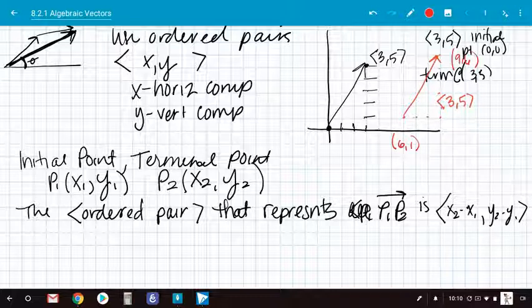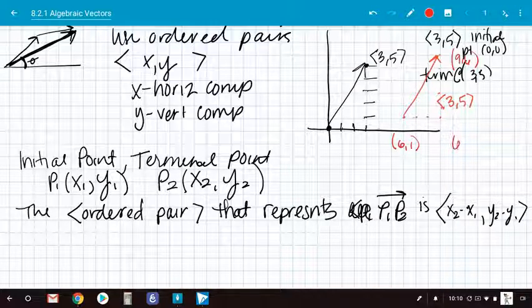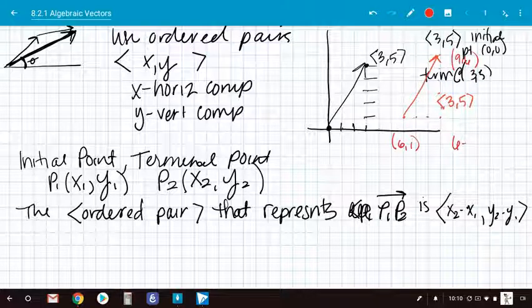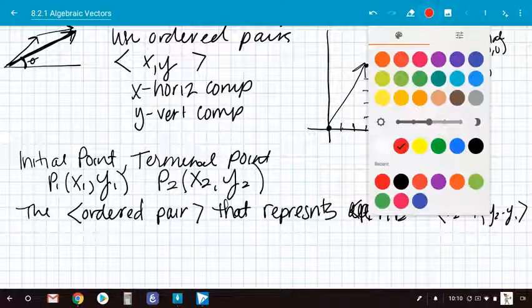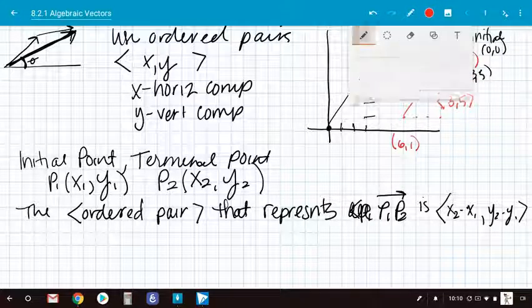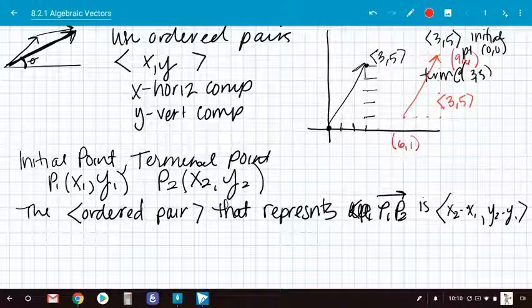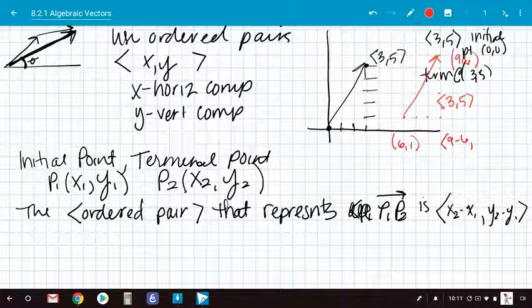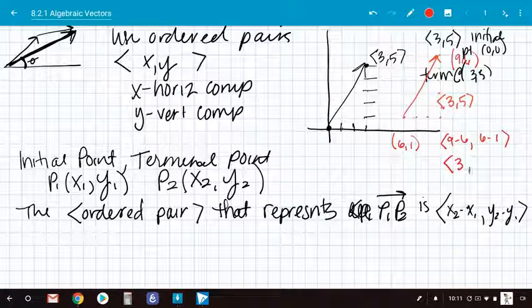The ordered pair in these pointy brackets that represents this would be, I need to do my x's first. In the x direction, we would do 9 minus 6, and then 6 minus 1, and notice that's ⟨3, 5⟩, which is exactly what we have up here.